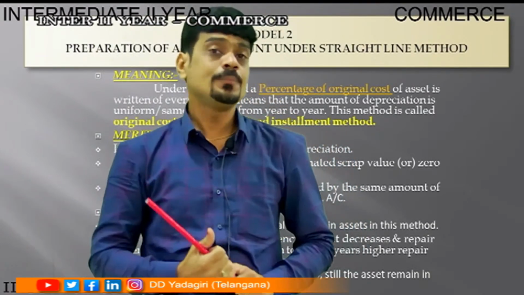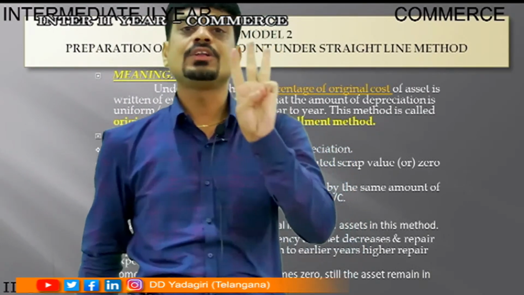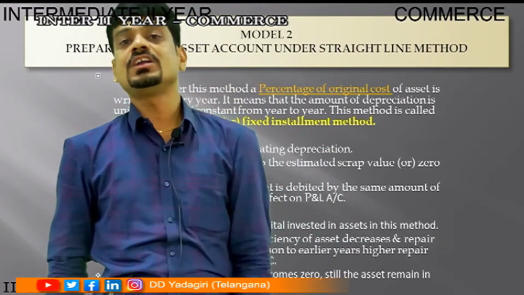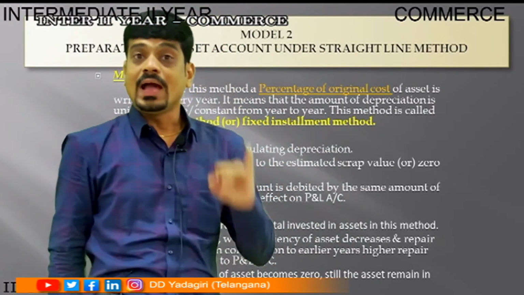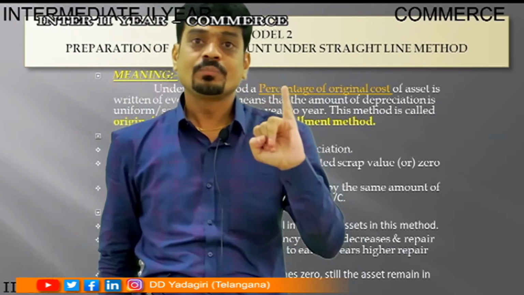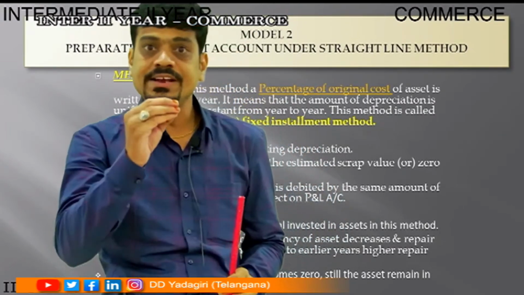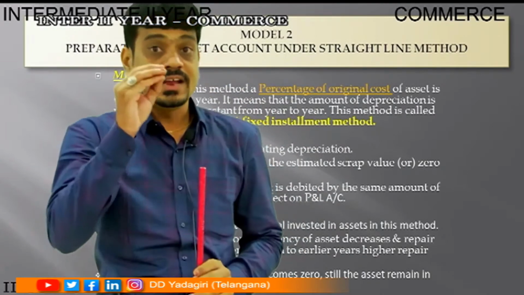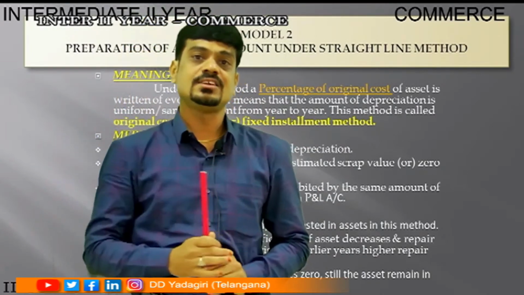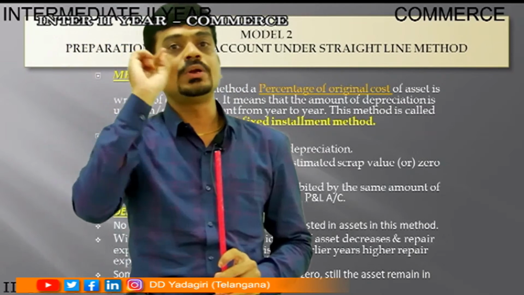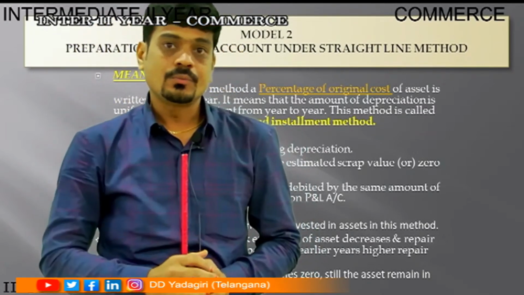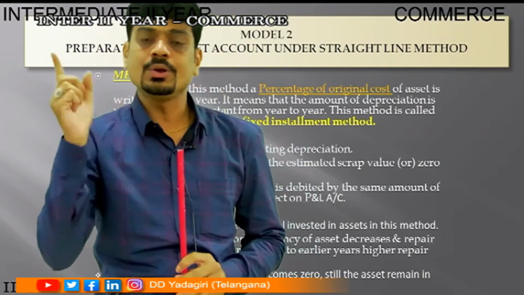Next important point. In the last class, I taught you 3 basic journal entries. I told you one should know the entry for purchasing the asset. What was the entry for purchase of an asset? The entry was asset account debit to cash account.